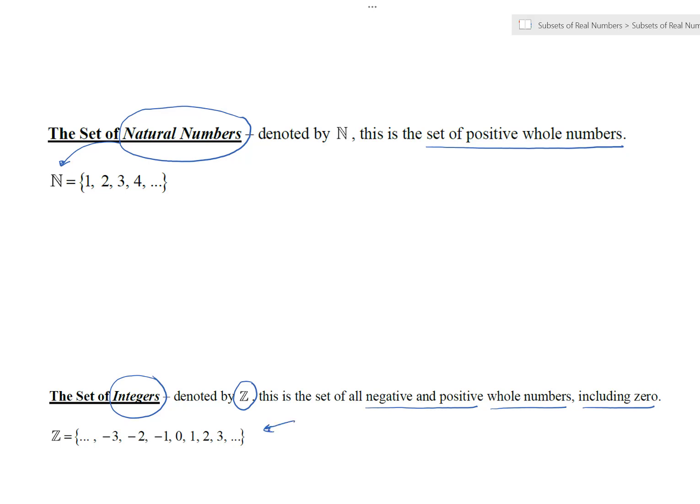Z, this set of integers, you think count down all the way from negative infinity, all the way down to negative 3, negative 2, negative 1. It includes a 0, and then just keep counting, 1, 2, 3, and so on. You should notice right away, based on what we saw above, that the natural numbers are a subset of the integers. Everything in the set N is also in the set Z.